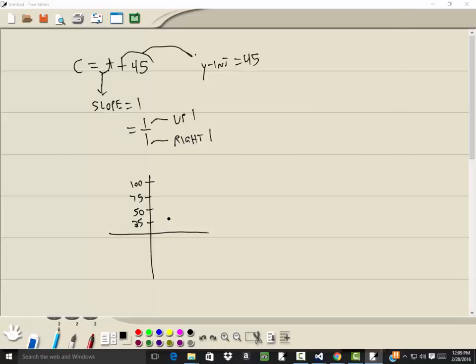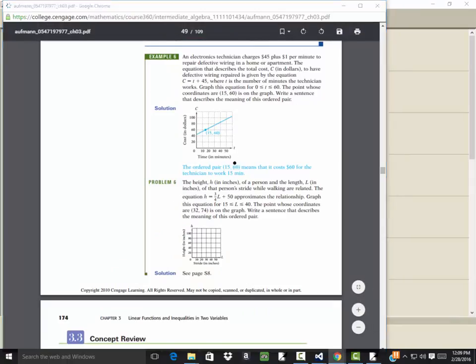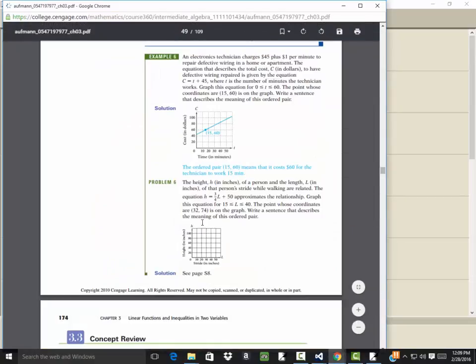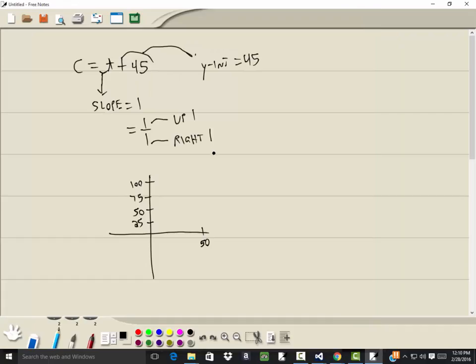And what do they have this axis going to? 50, looks like. Now, if you notice the 50 on the vertical versus the horizontal axis, they have different distances, so it'll be skewed a little bit. That's okay.